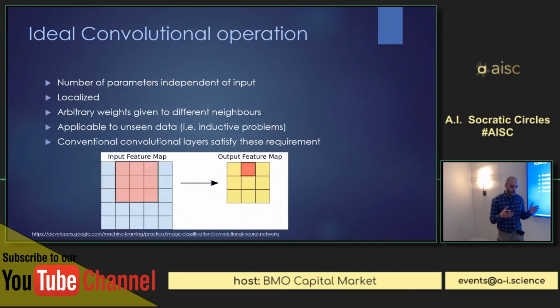Okay, so with the challenges in mind, we want to construct an ideal convolutional operator on a graph. And that was the goal set out by the authors of this paper. So the first important goal is that the number of parameters should be independent of the input.